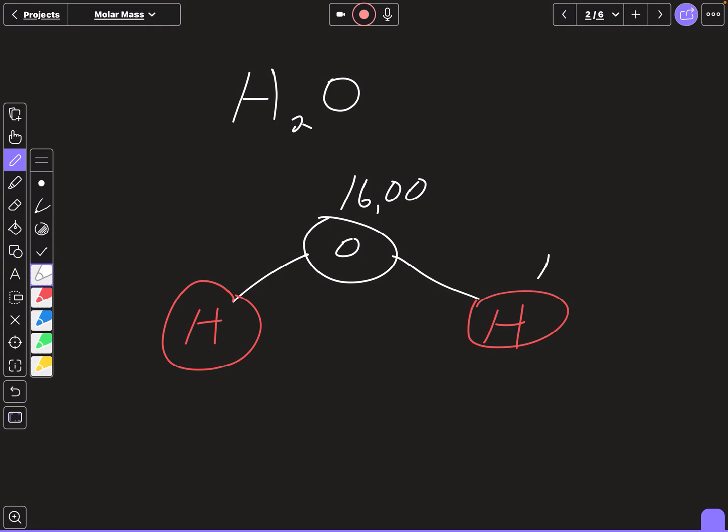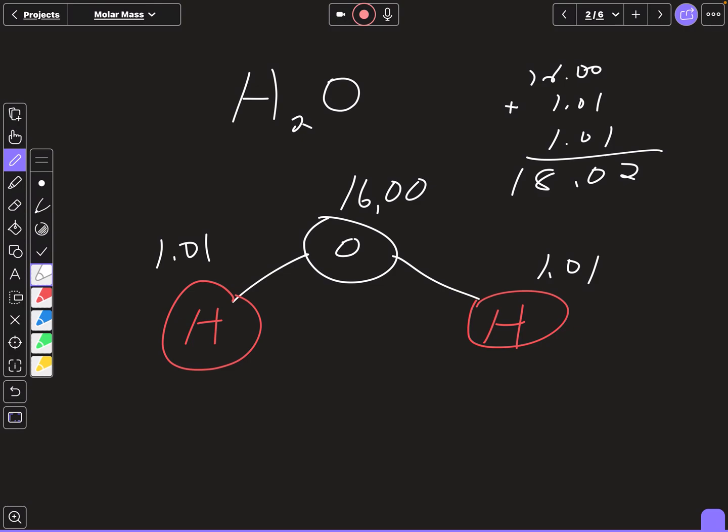For hydrogen, it's like 1.01. But I have two hydrogens. Both of them would have a mass of 1.01 atomic mass units, but we're going to say grams to make things simple. I would just add these up to find my molar mass. So the molar mass of H2O would be 18.02 grams per mole.